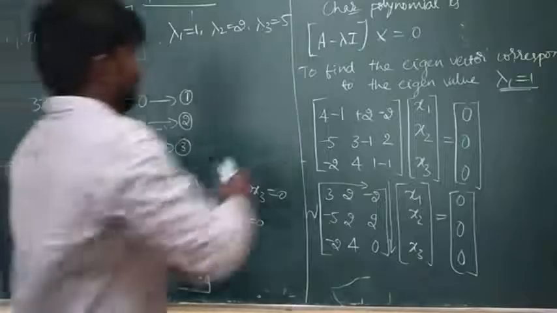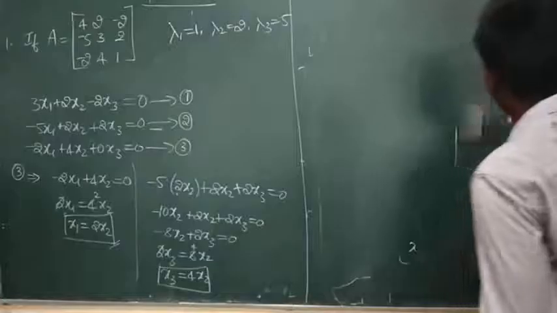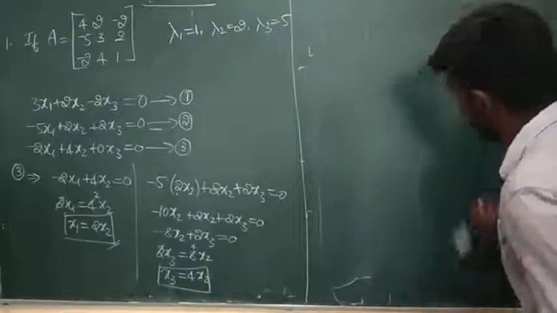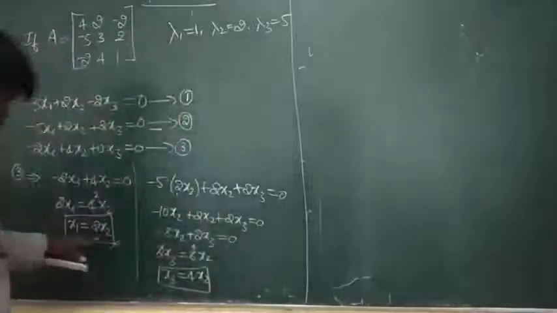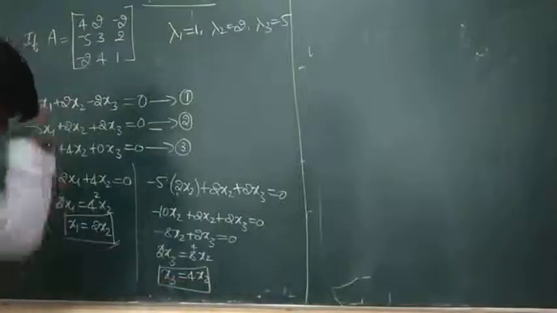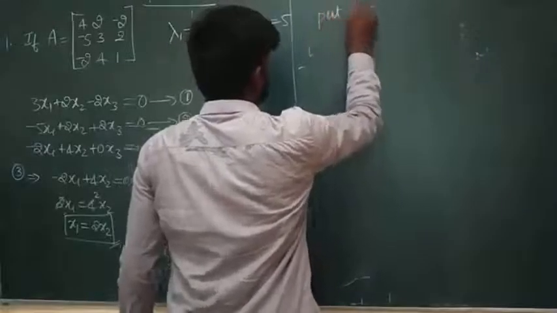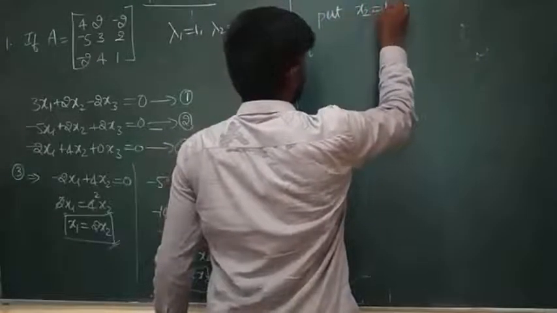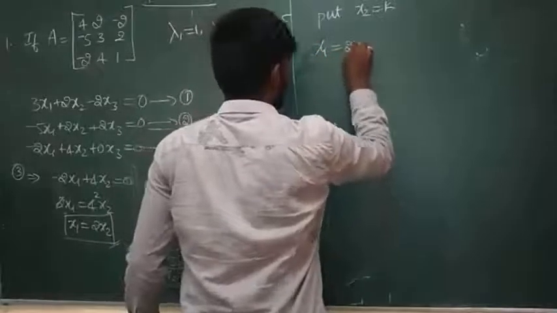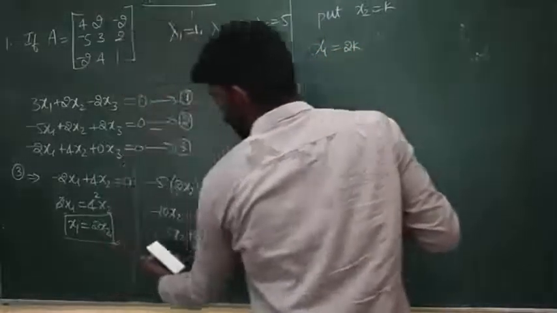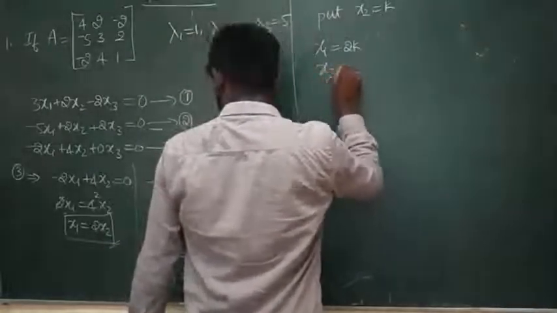Therefore, using x1 equal to 2x2 and x3 equal to 4x2, put x2 equal to k. Then we have x1 equal to 2 into k, and x3 equal to 4 into k.